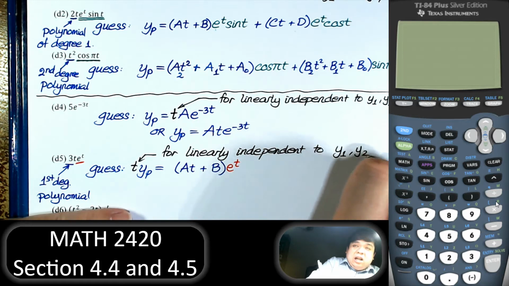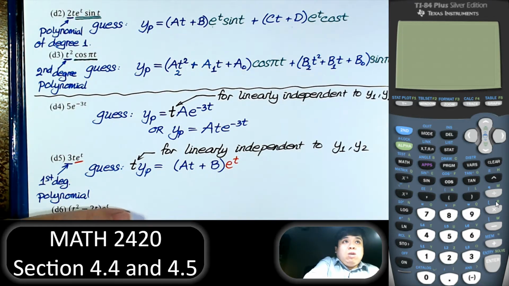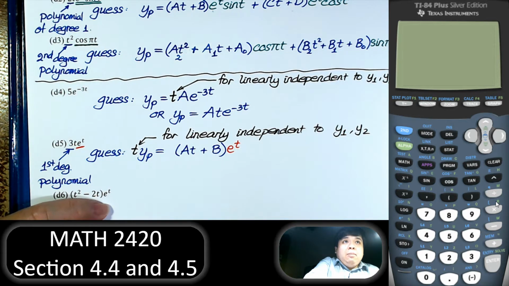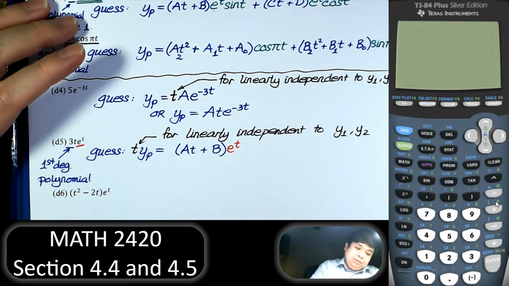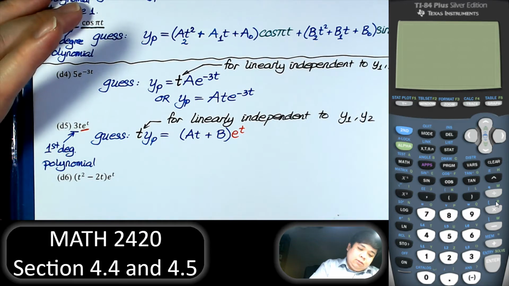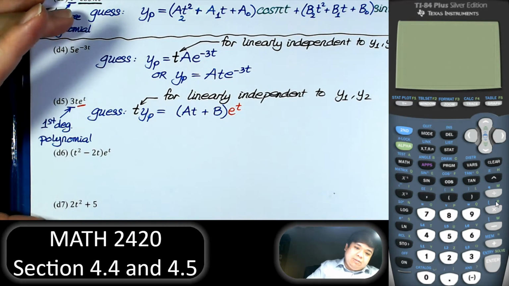If it is linearly independent already, we don't need to multiply by t or any power of t. But if it is not, we have to multiply by t. Right. Let's try another one.